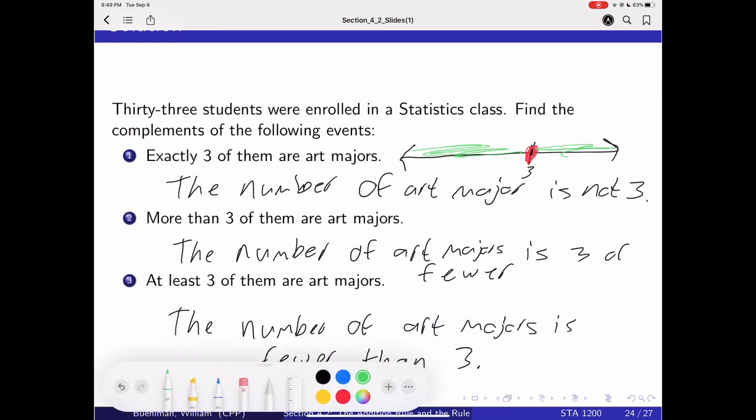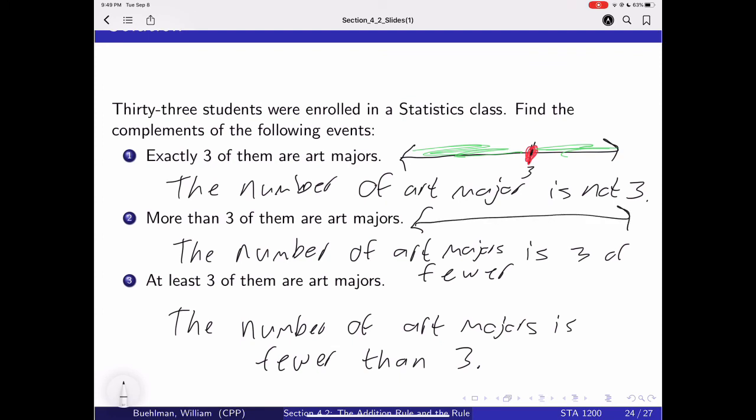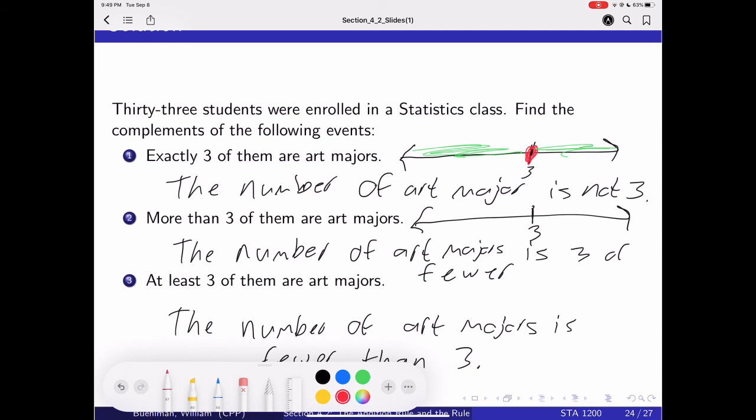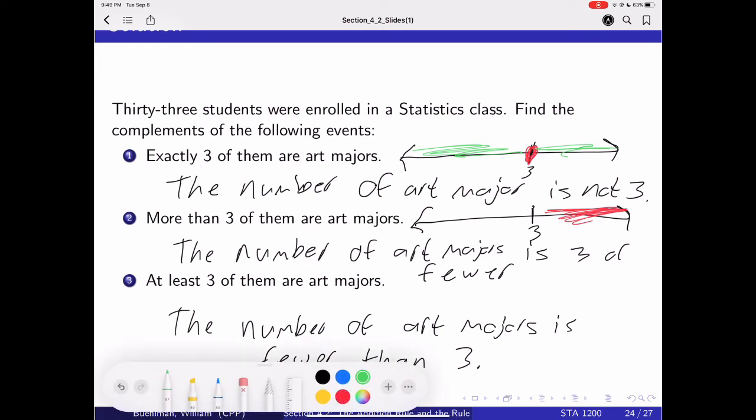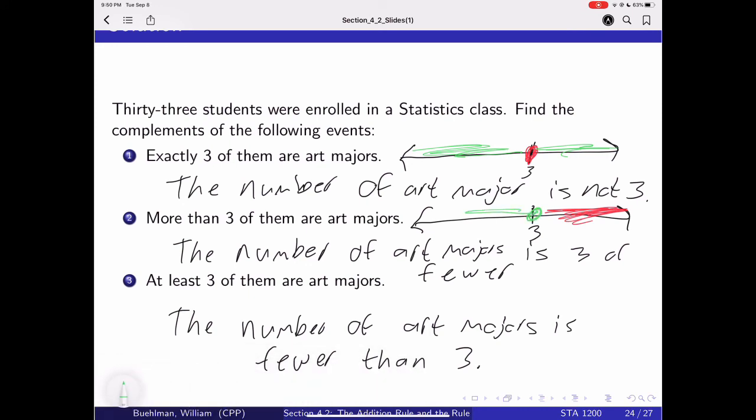So now we're going to do the same thing for the second one. Again, here's 3. And our statement is more than 3 of them are art majors. So 3 is not included. It's everything above 3. More than 3 are art majors. So our complement here in green, we need to include 3 and everything below that, and that's how we get 3 or fewer are art majors as a complement.